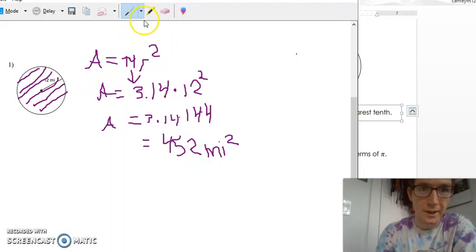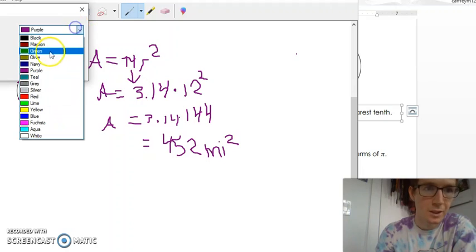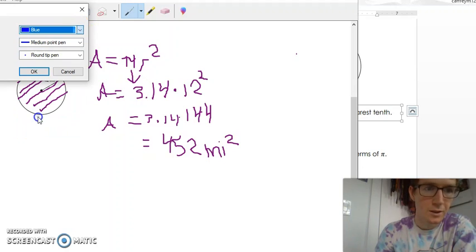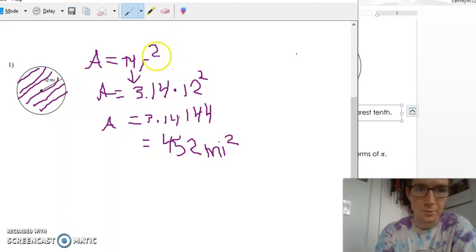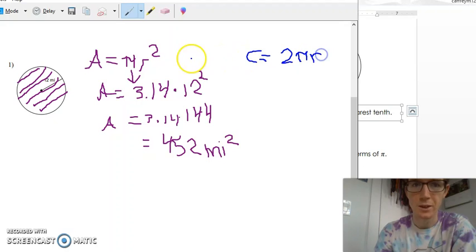So that is area. So now I'm going to show you guys how to do circumference. So again, this problem asks for the area and the circumference of the circle. Circumference is equal to 2 pi r. So it looks a lot like this formula.